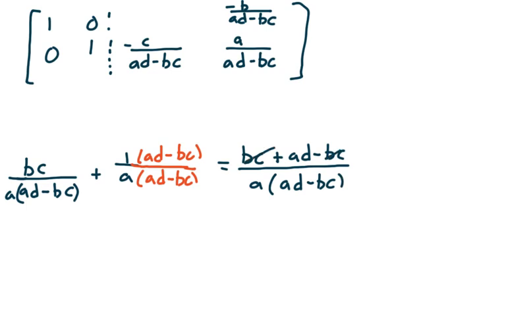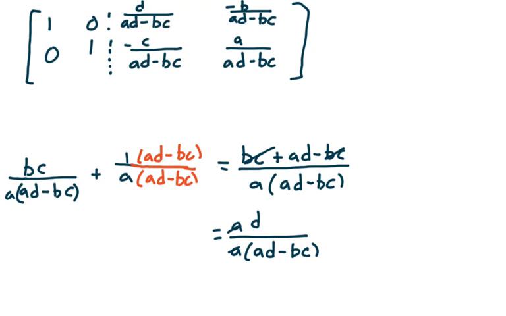But the BC's cancel, and we get AD over A times AD minus BC. But notice how these A's cancel. So it's not immediate, all right? But it turns out you get D over AD minus BC.